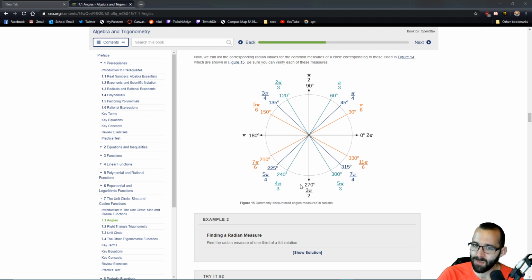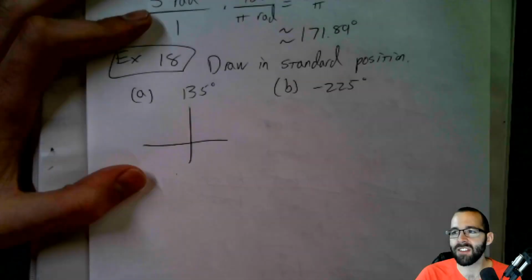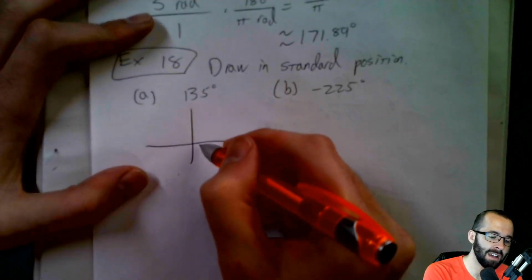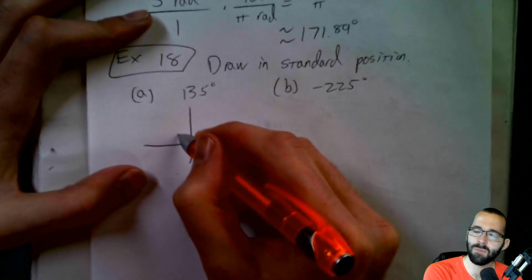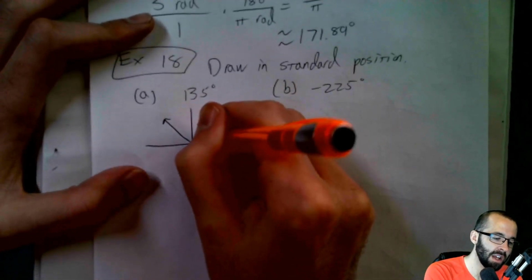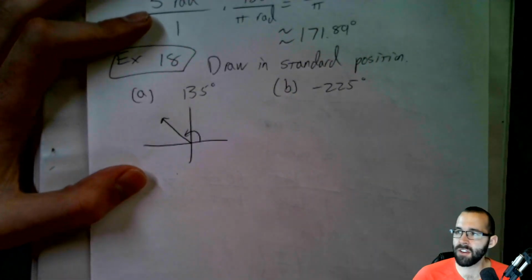Being familiar with this is important, but if you're not familiar with it at this time, remember you can just break it up into little pieces. 90 degrees and 45 more brings you to 135. So we got this good looking gentle angle.